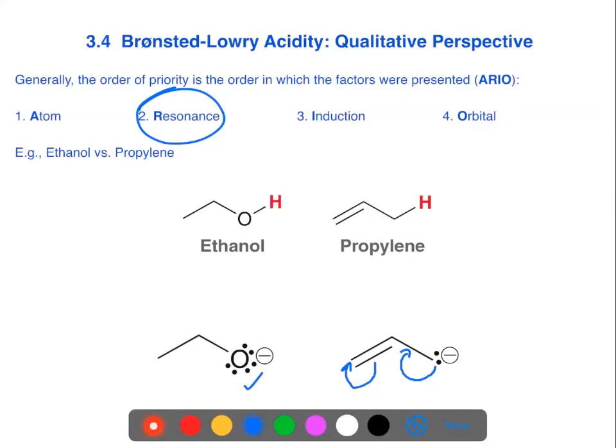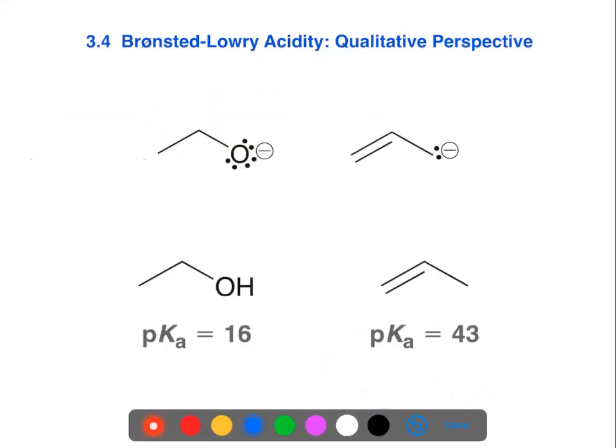It's not to say that this doesn't enhance the stability of that conjugate base. It certainly does, but because it's a carbon-centered anion, a carbanion, relative to an oxygen-centered anion, it is less stable based on that particular fact. So when we compare the table values for ethanol and propene, we do see that, in fact, the pKa of ethanol is significantly lower than that of the alkene.